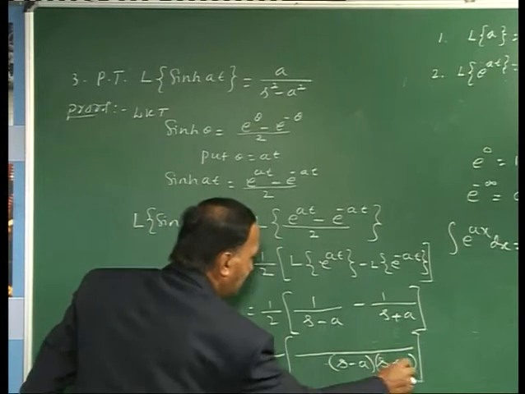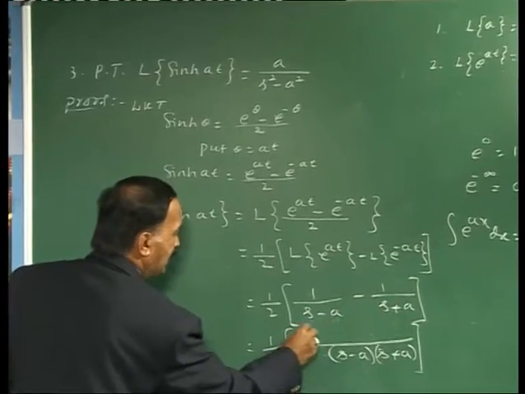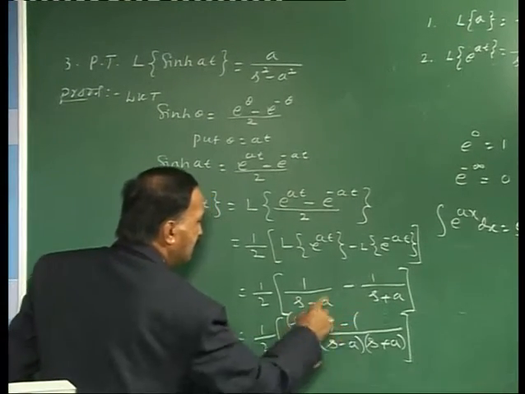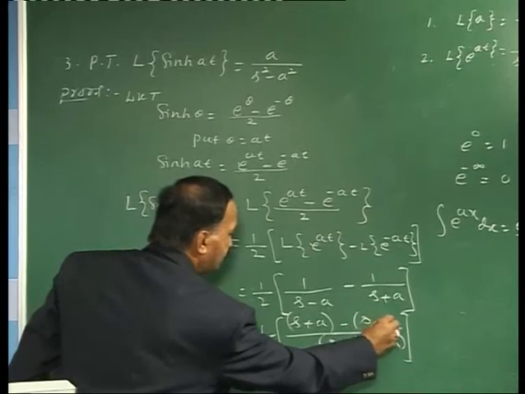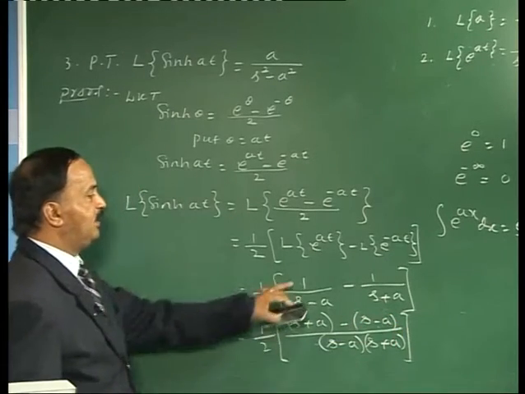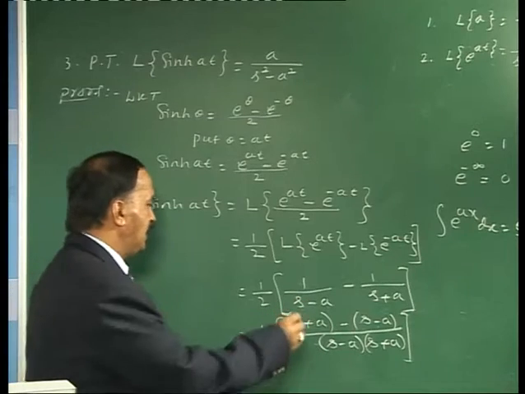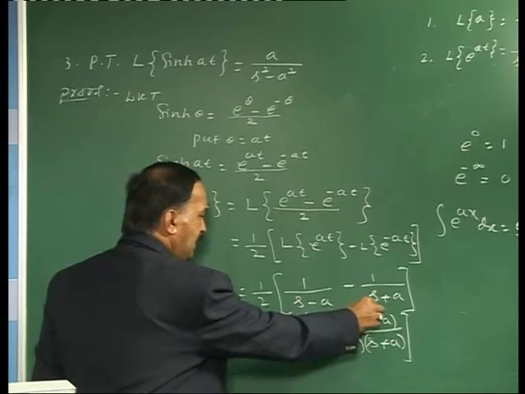Here this 1 into s plus a is s plus a minus s minus a. Here 1 into s plus a minus 1 into s minus a. Plus s and minus s cancelled here.